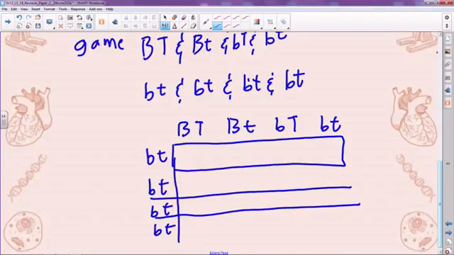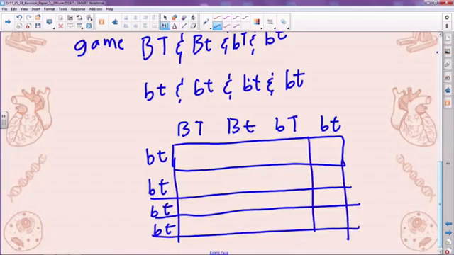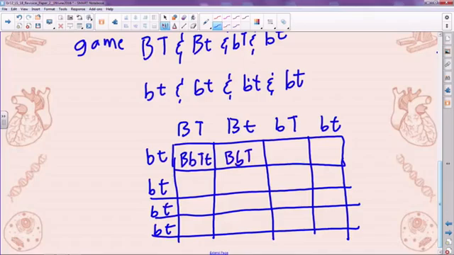Let's bring this down, cross it there, bring that down. You'll notice, make sure that you do these with a ruler, hey? You don't want to get confused. We're going to end off with big B, small b, big T, small t, small t; big B, small b, small t, small t; small b, big T, small t, small t; and small b, small t, small t.